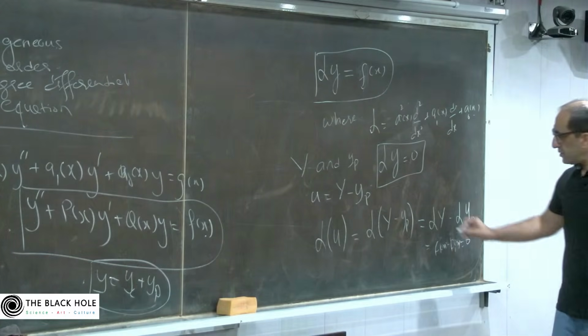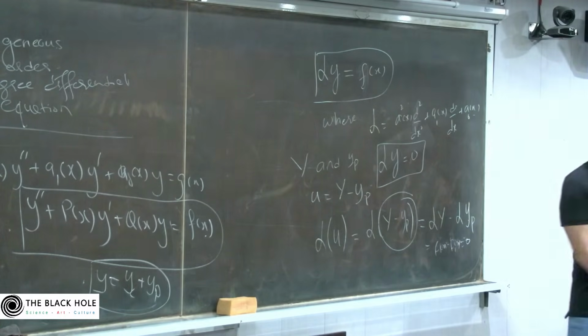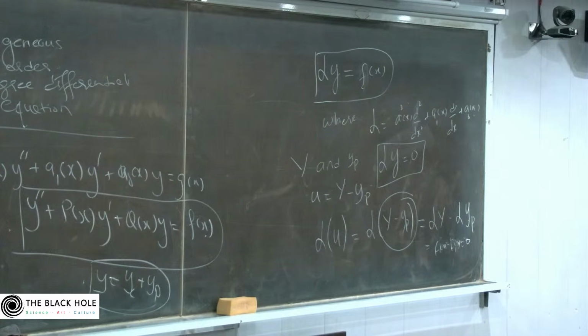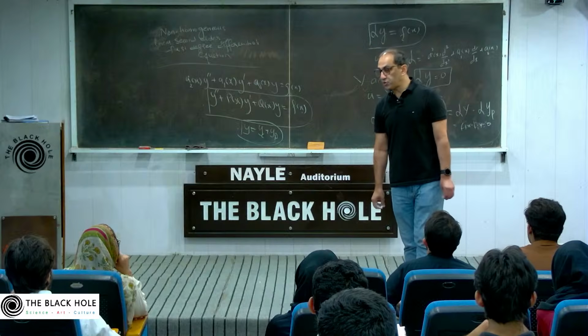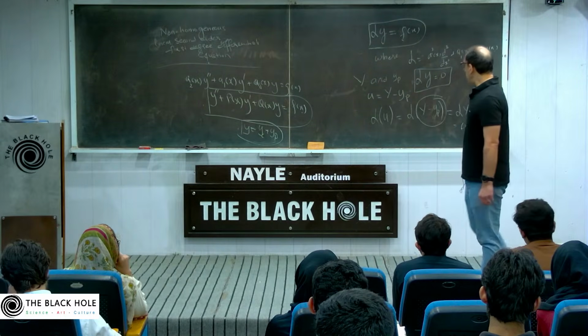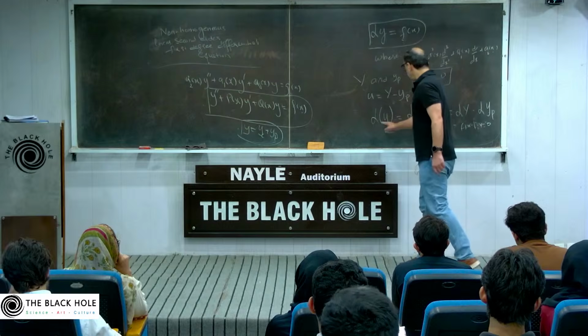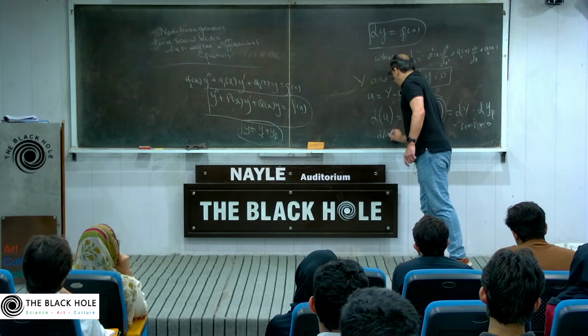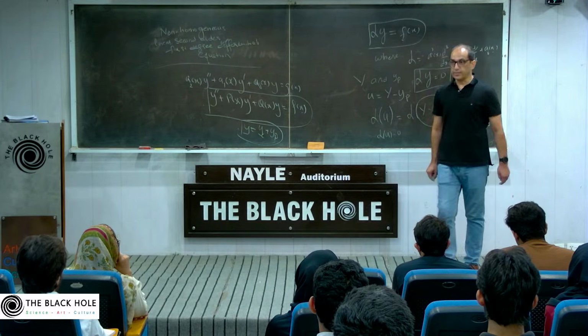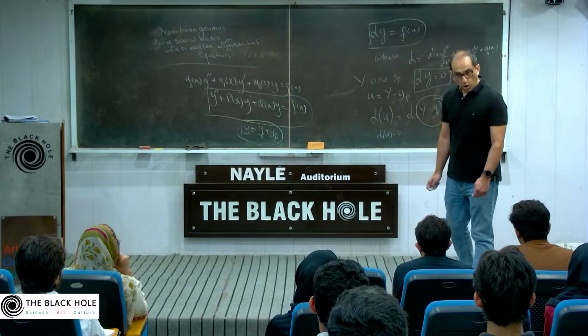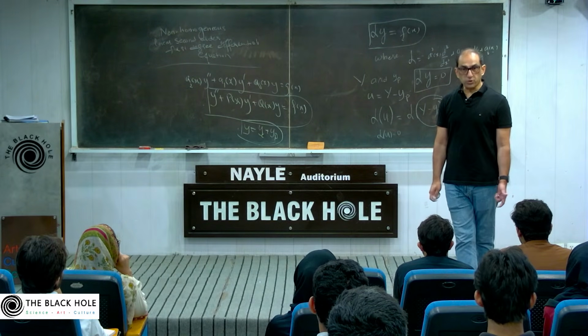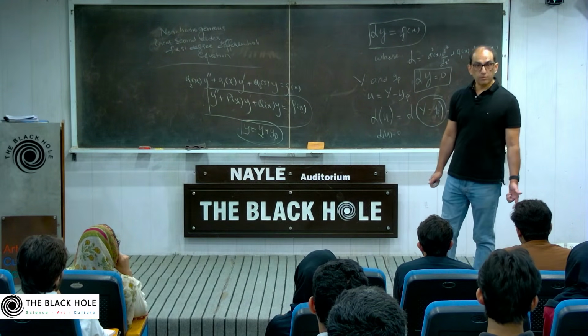But the interesting part is that you write it like this. You don't write y plus yp, because in that case you won't be able to cancel it. And most importantly, once you do that, what you get is L of u is equal to 0, which means it's a homogeneous equation now, and you know what the solution of the homogeneous equation is. What is it?